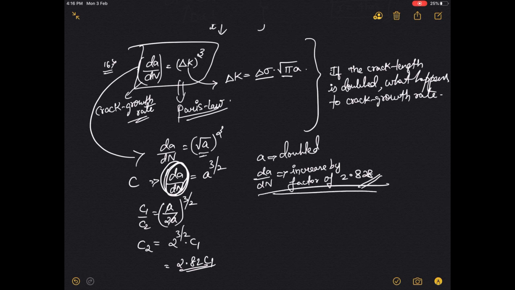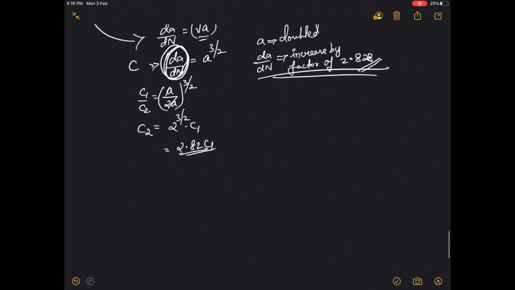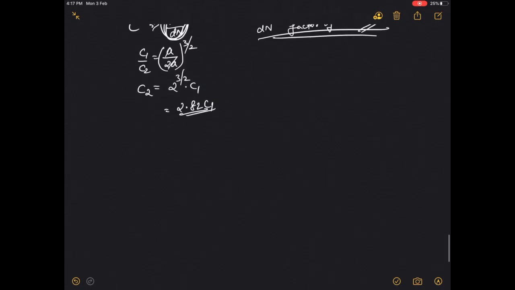Okay, so this is the question that we saw in our paper this year. And they also asked some simple questions, like the principle of dye penetrant. So this is an important topic from NDT. This question is from NDT.